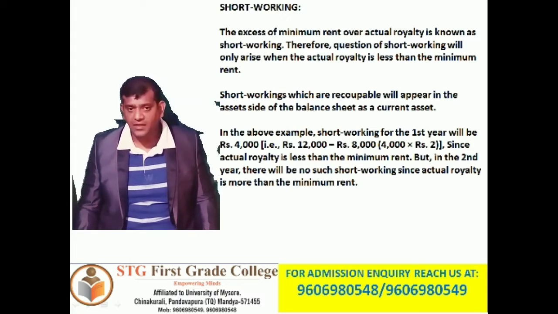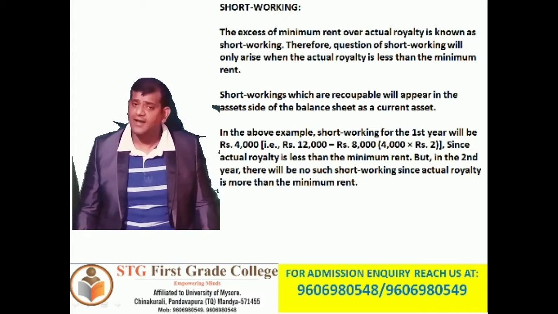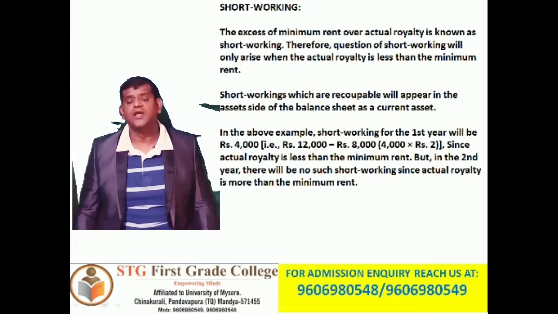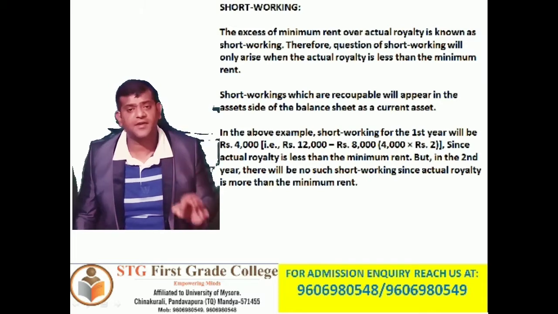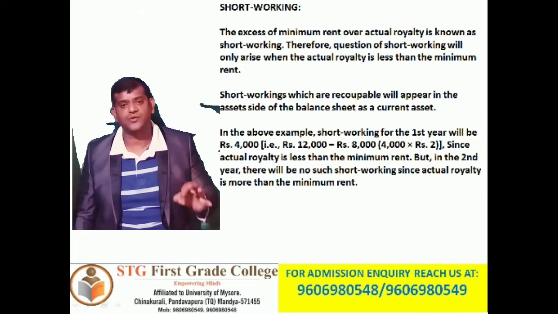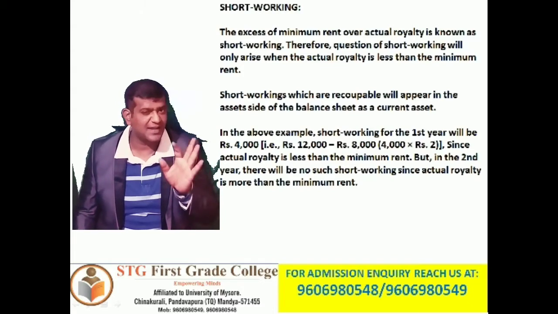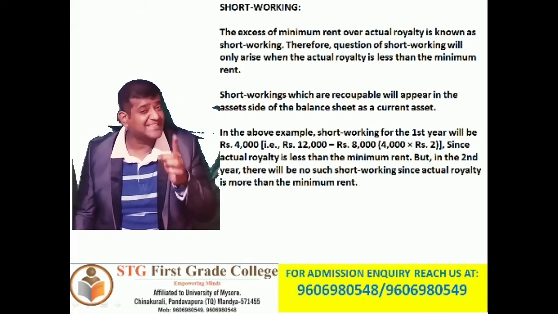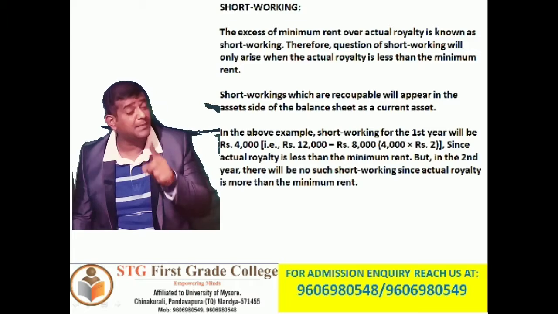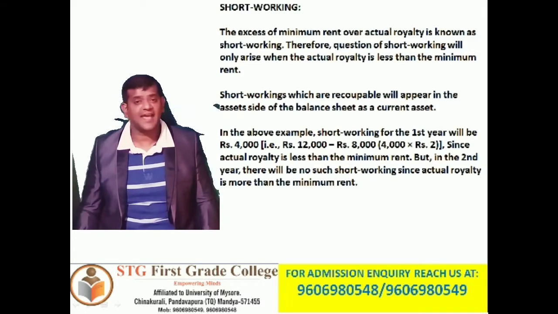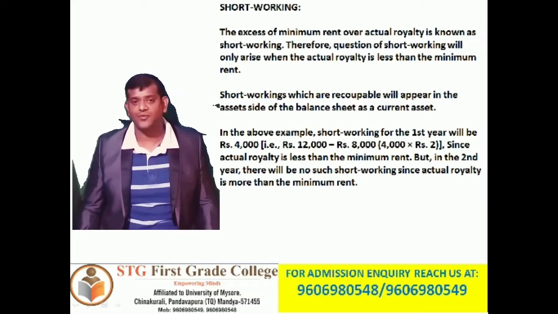Okay. So now let us understand in detail what exactly short working is all about. See, the excess of minimum rent over actual royalty is known as short working. Try to understand it in a single line. The excess of minimum rent over actual royalty is exactly known as short working.